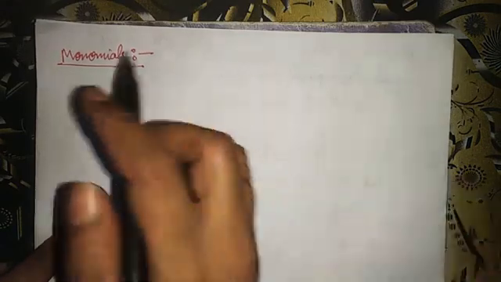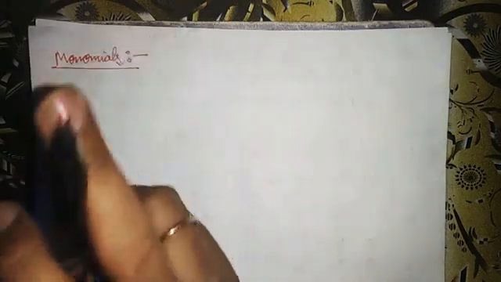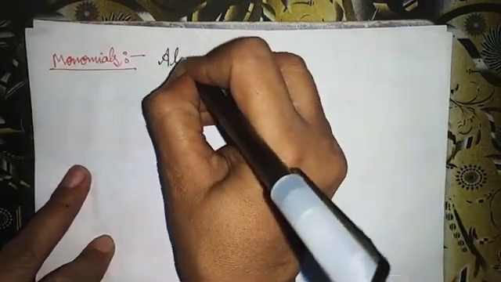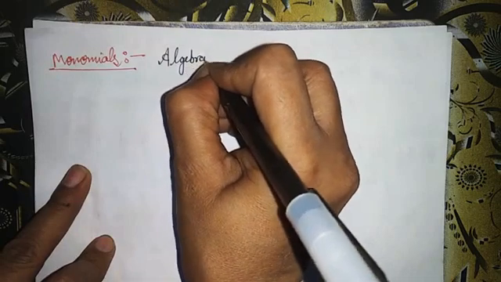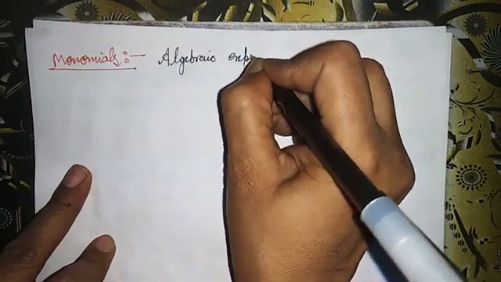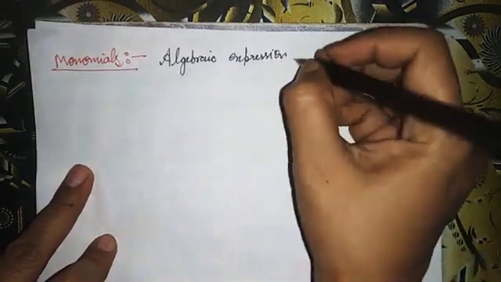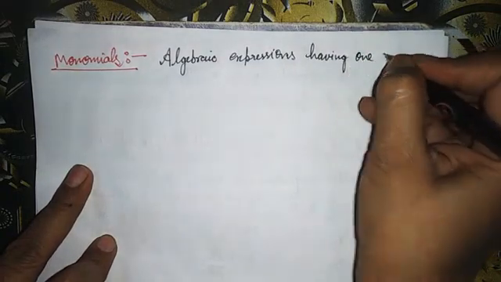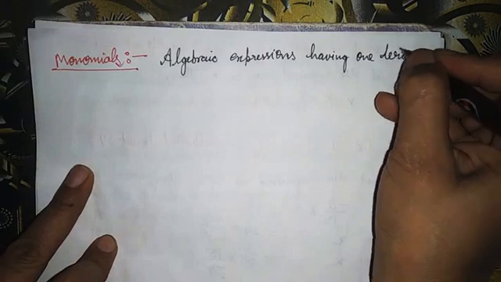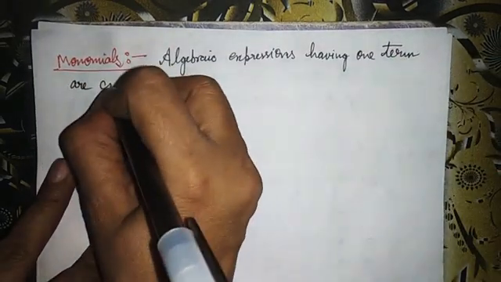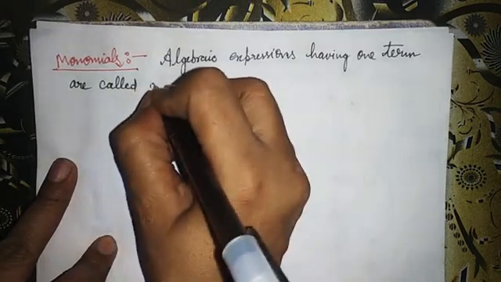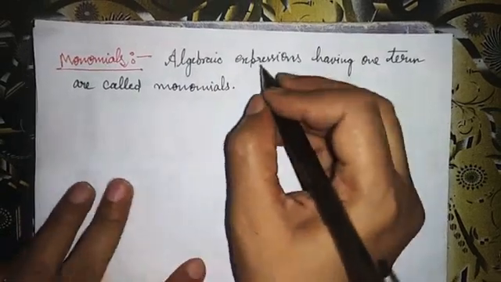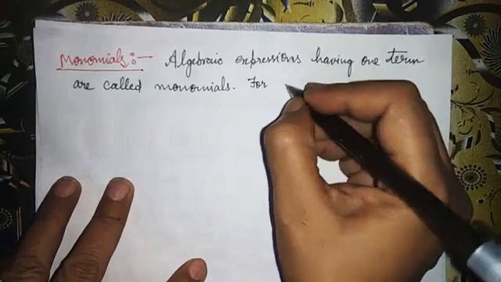Now children, I will tell you about monomials. Algebraic expressions having one term are called monomials. I am giving you few examples.